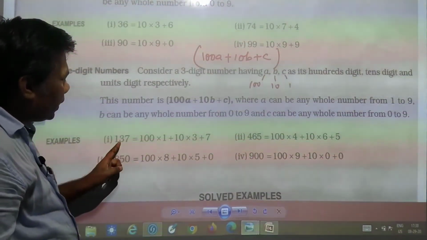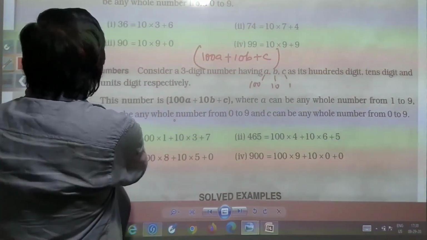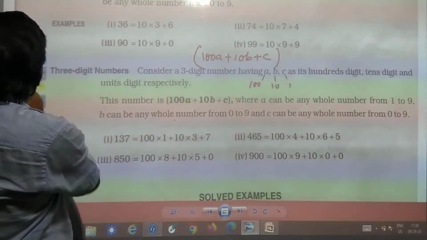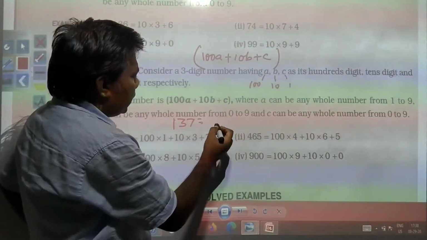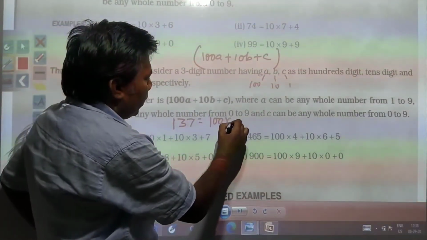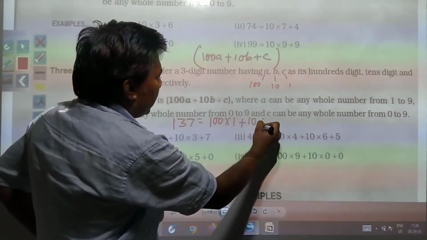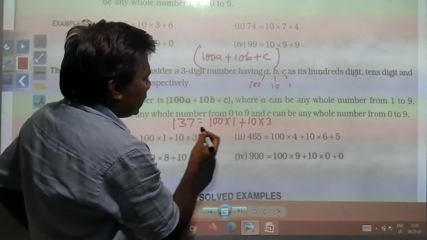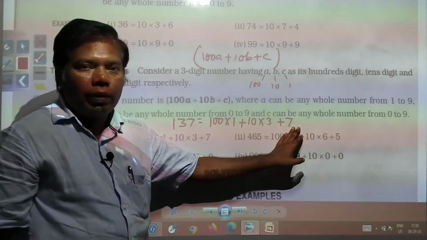137 can be written as 100 into 1, because this is in the hundreds place, plus 10 into 3, this is in the tens place, plus 1 into 7.